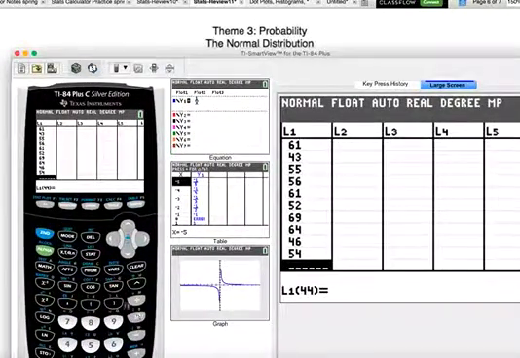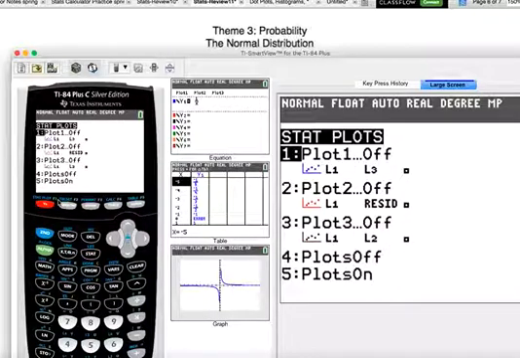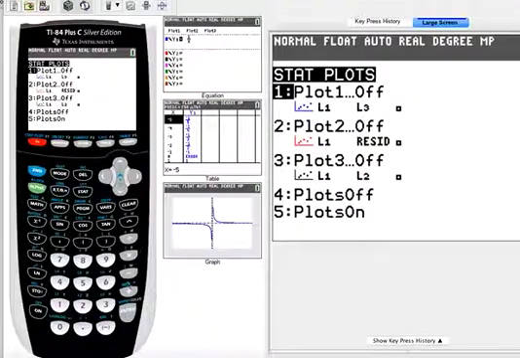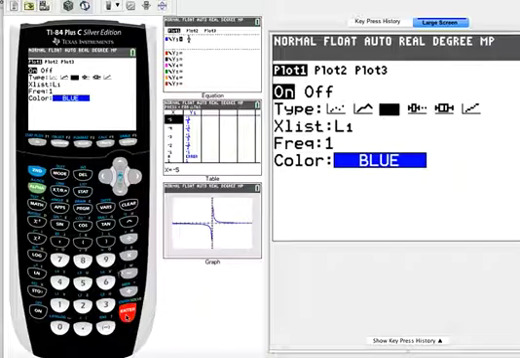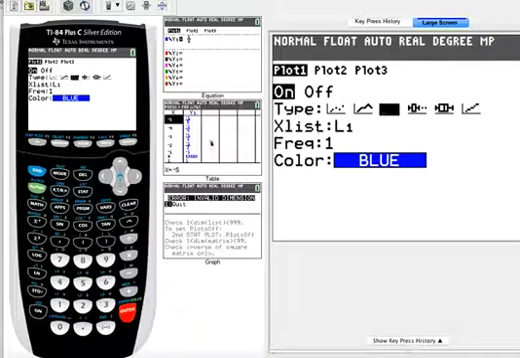Once you finally get all of that typed in, which could potentially take you the rest of your life, you're going to go to second Y equals and turn the stat plot on. Go to enter, turn it on, and then choose whichever of the distributions you like. I'm going to go with histogram. Your X list shows up as L1, and then you can hit graph.